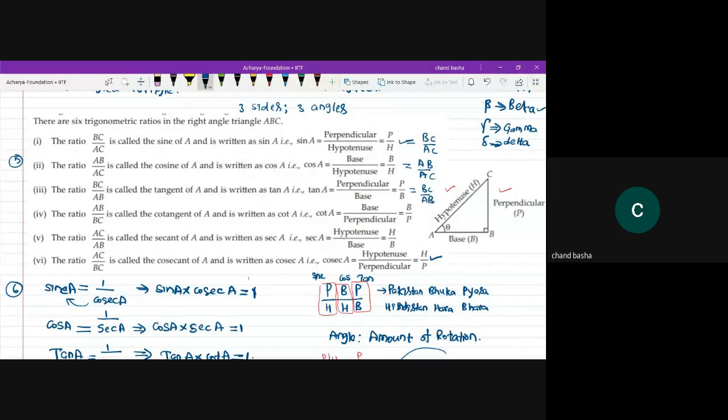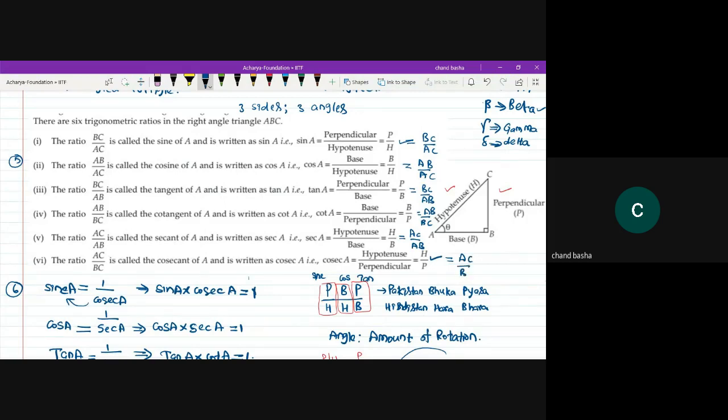And then the reciprocal: cot is the reciprocal of tan, it should be AB upon BC. Like that, secant is also the reciprocal of cos. So it is H by B, meaning AC upon AB. Similarly, the last one, cosecant, is the reciprocal of sine, that is equal to AC upon BC.